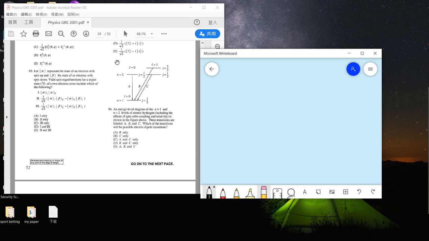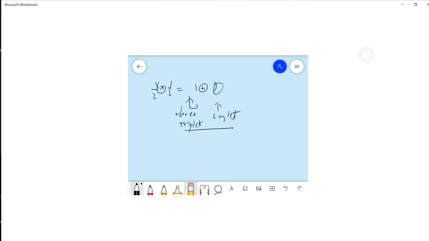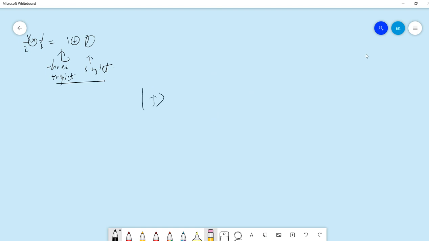Remember that with two spin-half particles, the result will be three triplet states and one singlet. For the singlet, everyone knows it is the combination with total spin 0.